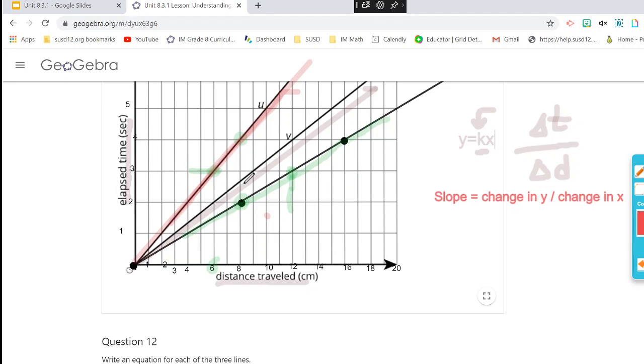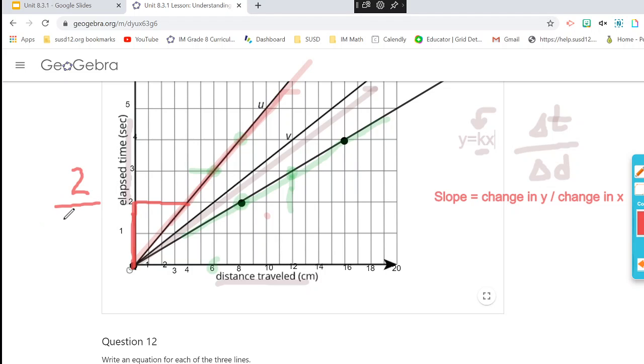Let's say I'm looking at Ladybug's line, and from starting position to 2 seconds, what is the change in y? From starting to 2 seconds, the change in y is 2 seconds. And then what is the change in x? The change in x is 4 centimeters.